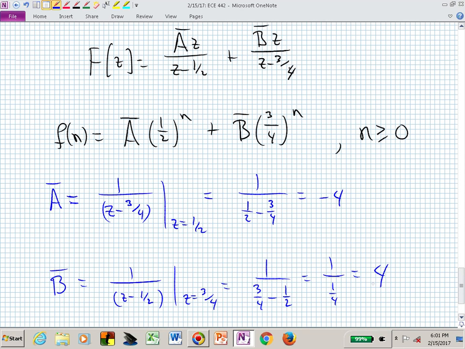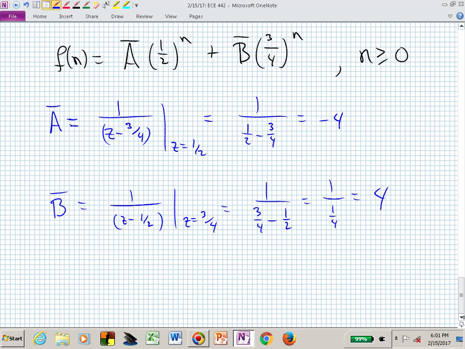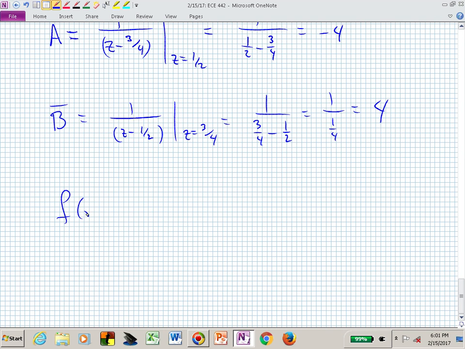Or b bar now is 4. And I now know that little f of n is minus 4 (1/2)^n plus 4 (3/4)^n for n greater than or equal to 0.